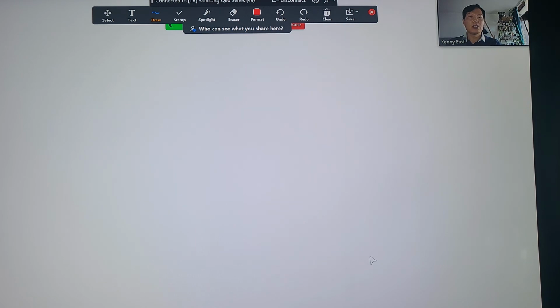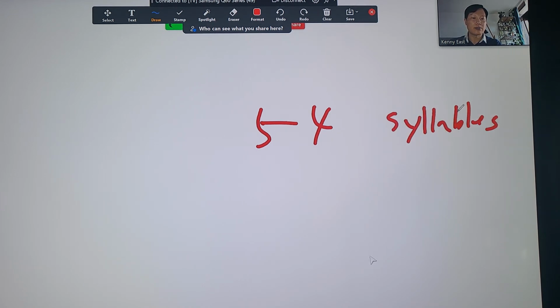Japanese doesn't have this vowel-consonant concept like the Korean phonetic alphabet. Japanese has 54 already made-up syllable-based characters. They have already combined vowel and consonant.